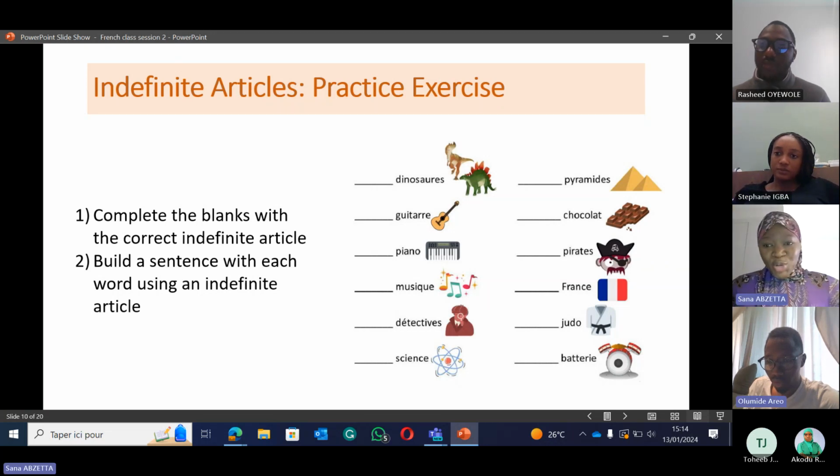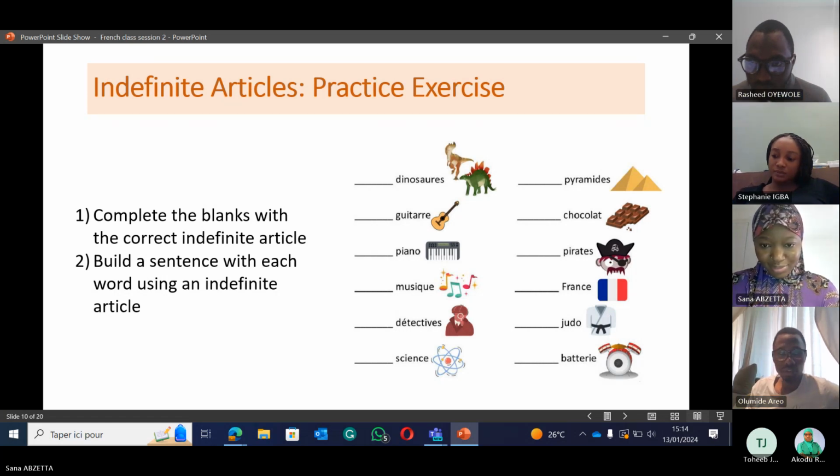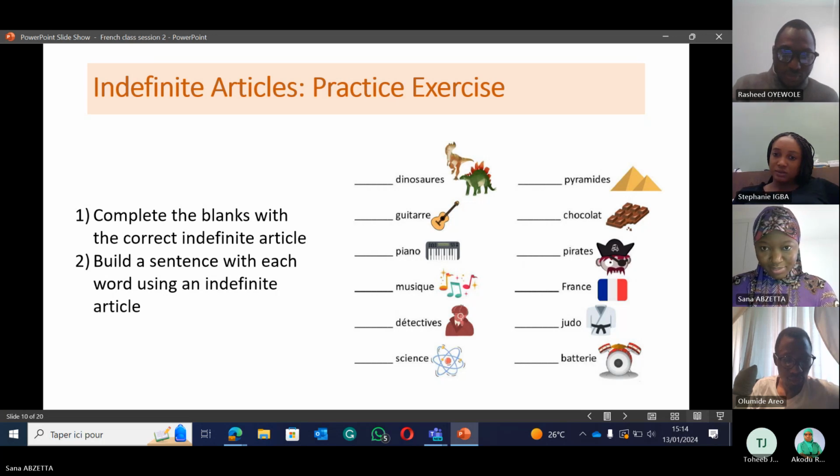So can someone choose one of the words we have here and try to build a sentence using the article we learned? Anyone?